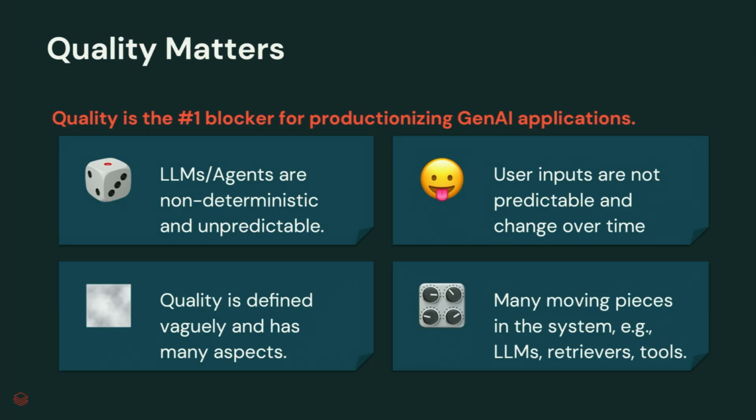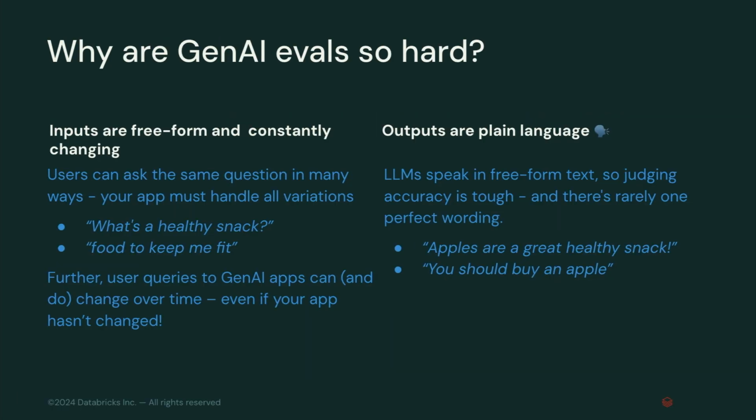User inputs are also unpredictable and change over time, since users can ask the same question in many different formats. Quality is also defined vaguely, across many dimensions such as accuracy, correctness, fluency, or professionalism. There are many moving parts in the system, for example the large language model, retrievers, and tools.